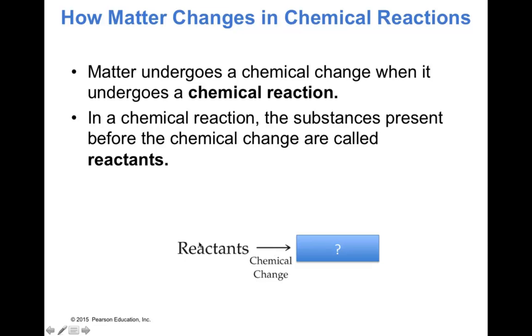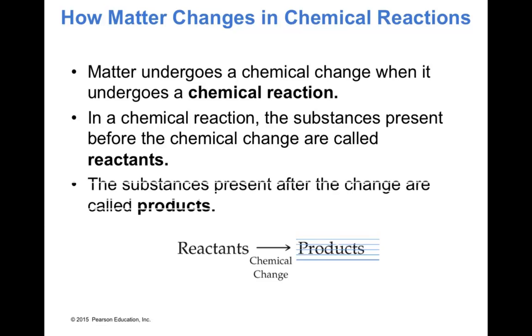The ones on the left are known as the reactants, and the substances present after the change are called the products. So here we have the reactants at the left of the arrow, and the arrow pointing to the products. Basically, this is like a template for the chemical reaction.